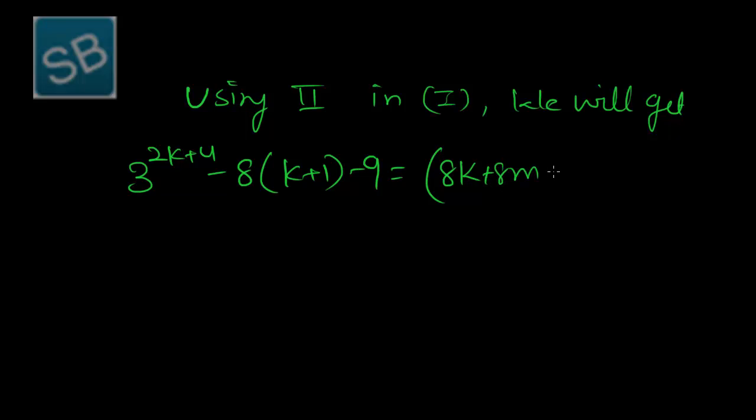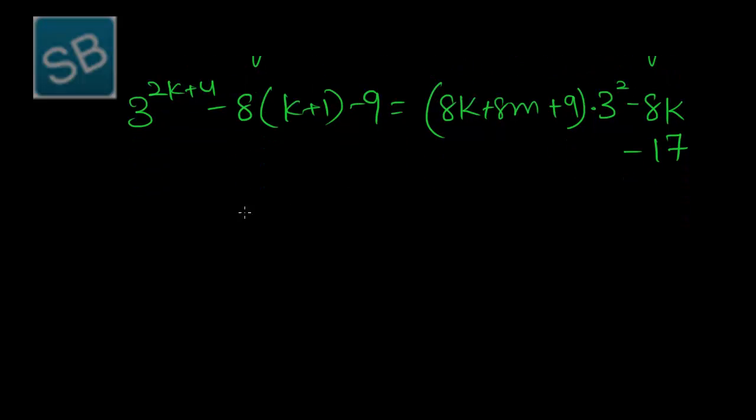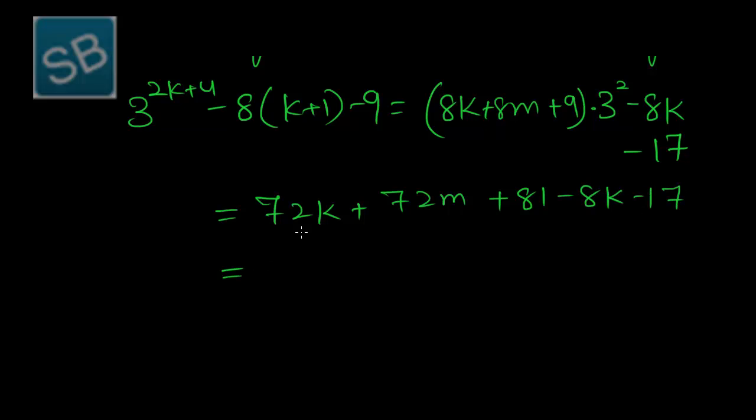3 raised to power 2k plus 4 minus 8 times k plus 1 minus 9 is equal to 8k plus 8m plus 9 into 3 square minus 8k minus 17. That is further, 3 square means 9; 9 into 8k is 72k, 9 into 8m is 72m, 9 into 9 is 81, minus 8k minus 17. So we get 72k minus 8k is 64k, plus 72 times m, plus 81 minus 17 is plus 64.